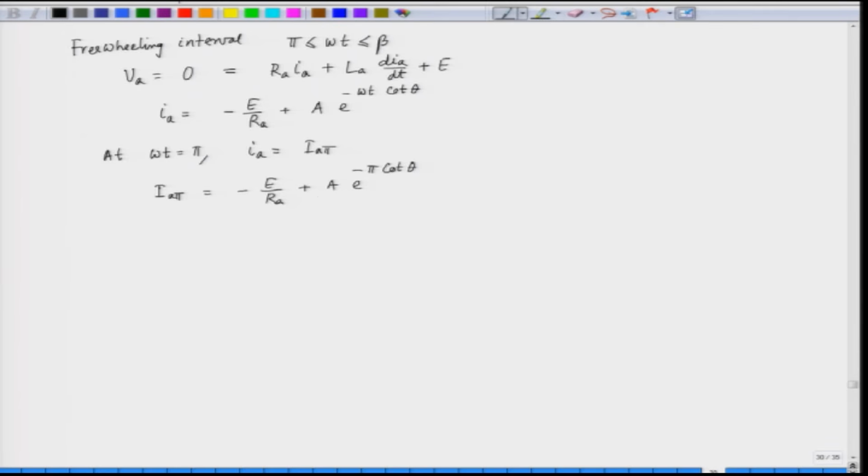So, the value of A is I_A(pi) plus E by R_A, times exponential of pi cot theta.